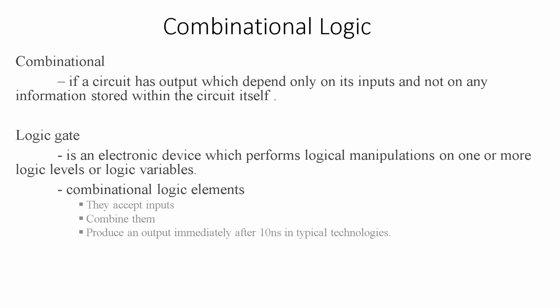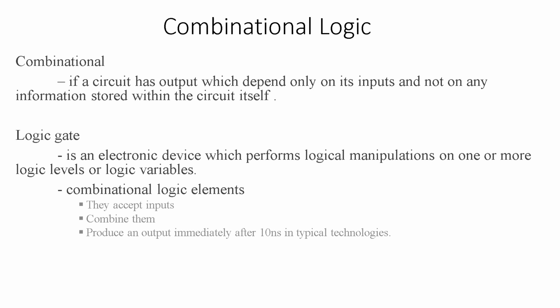When we say combinational, it means a circuit has outputs which depend only on its inputs and not on any information stored within the circuit itself. We also have the term logic gate. This is an electronic device which performs logical manipulations on one or more logic levels or logic variables.